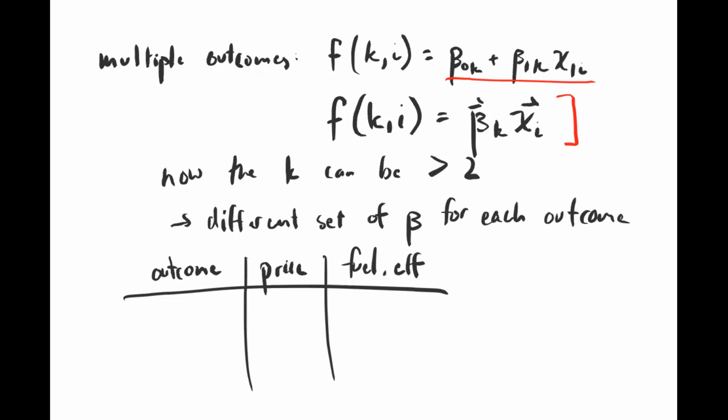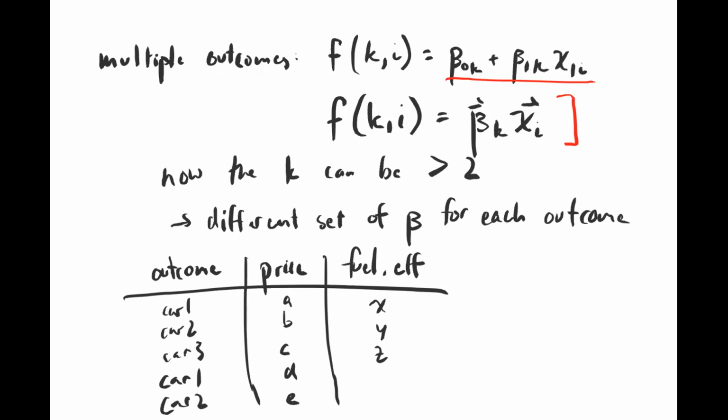So this might be something like you have a choice between 3 different cars that have different prices with different fuel efficiencies. It might be even extended like this. And so in your outcome here, instead of having a binomial outcome, now you can have, in this case, 3 different outcomes.